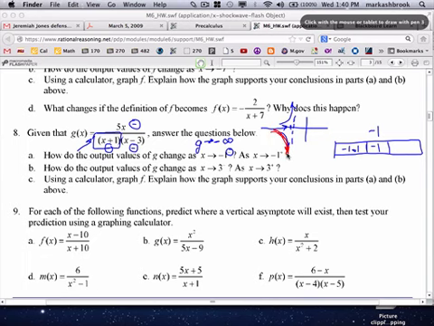So if from the left it's getting very large negative, then from the right, if the multiplicity is 1, it's going to be very large positive. So as x approaches -1 from the left, we get very large negative numbers, and as x approaches -1 from the right, we get very large positive.